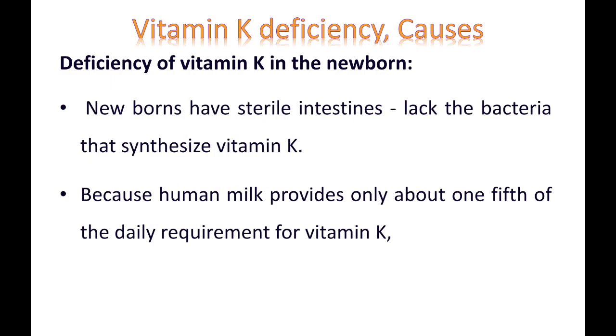In children, mainly newborns or premature infants, the newborn has a sterile intestine, meaning it does not contain any bacteria, so lack of bacteria means lack of vitamin K synthesis. Also, human milk contains only traces of vitamin K and will provide only one fifth of the daily requirement.